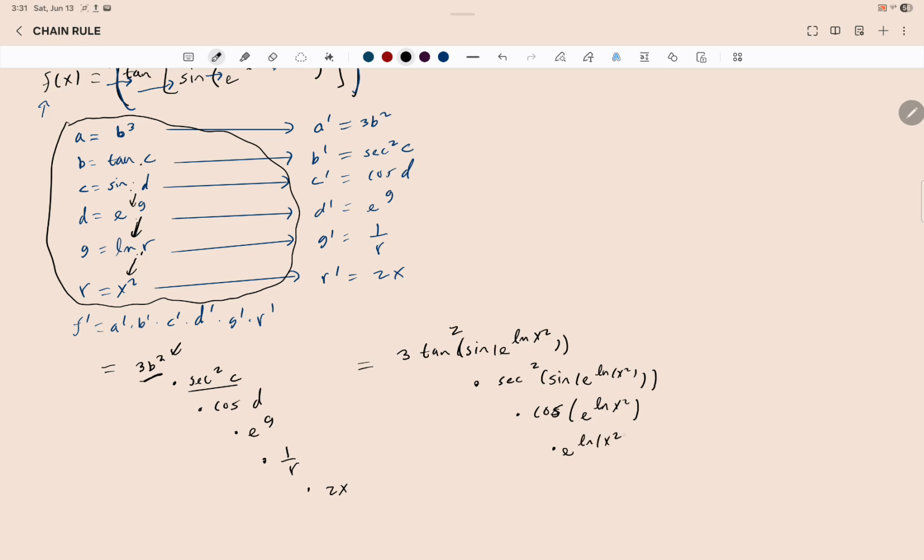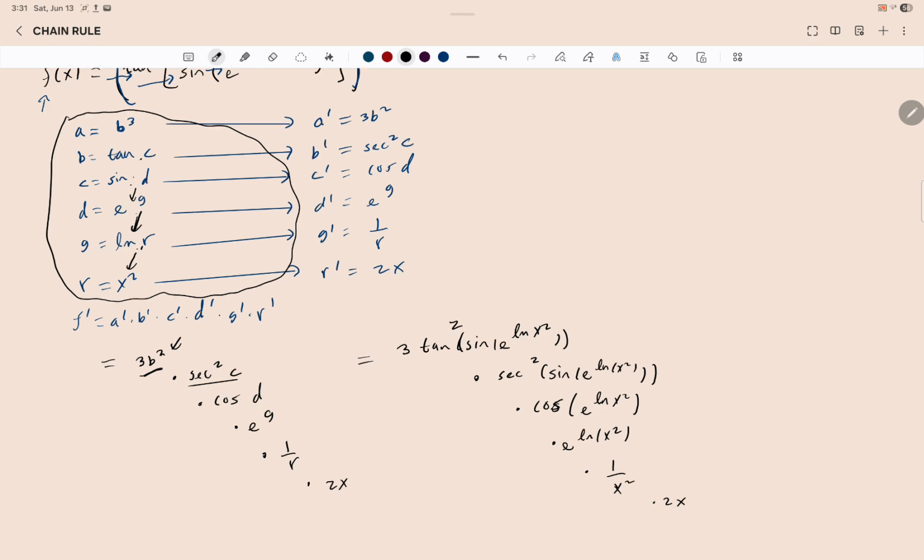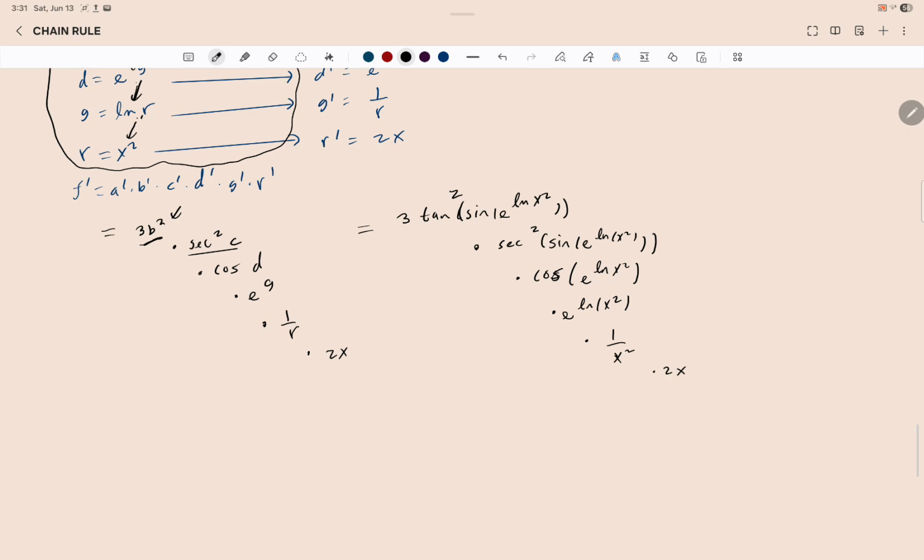x squared. Cool. And then for the 1 over r, remember, r, going back to the left, r is just what? x squared. So replace it, and finally times what? 2x. So now we could leave it like this, but it looks kind of weird, so let's put it all in order.